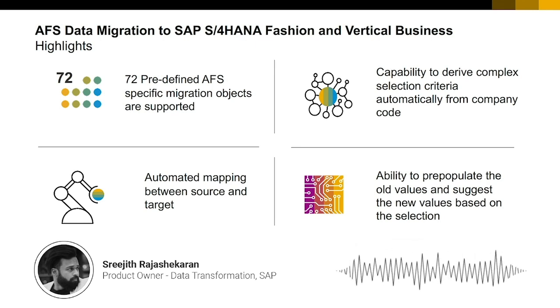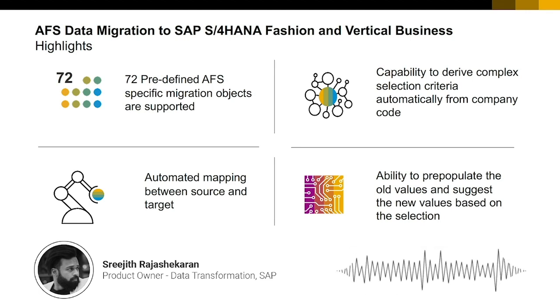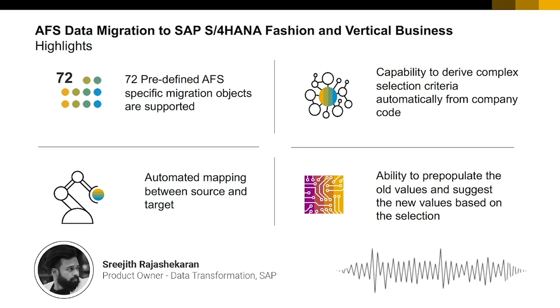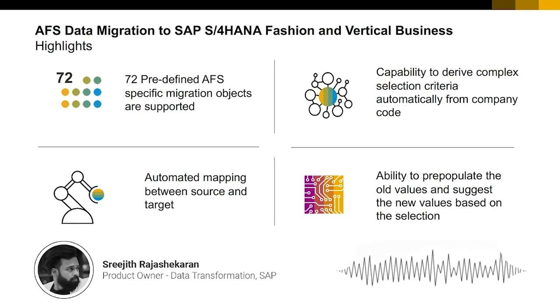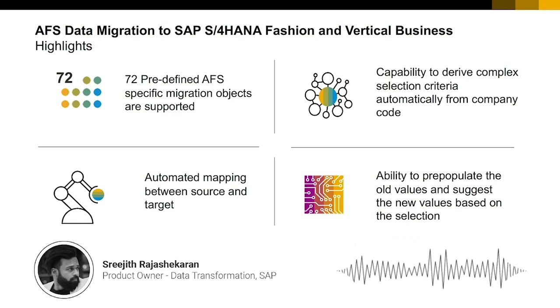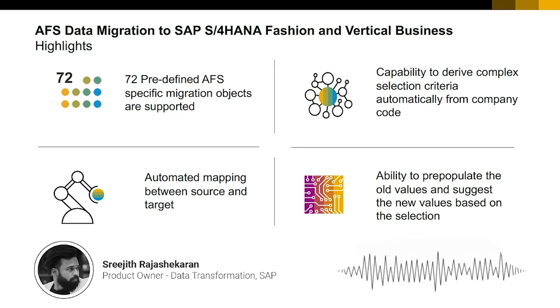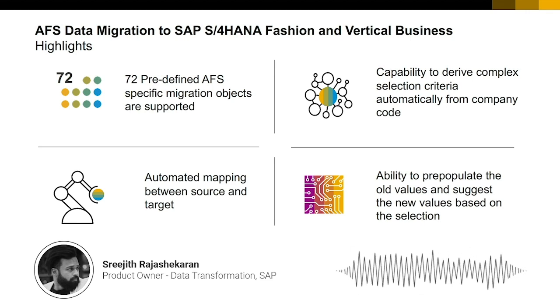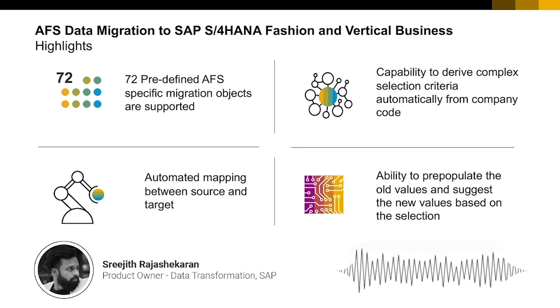But seasons has a relationship with sales org. Migration Cockpit intelligently finds out what are the sales orgs which are relevant for the company codes which you have chosen for the migration, and then uses those sales org values to reduce the seasons condition data. Only those condition records will be migrated which have sales org values relevant for the company code.